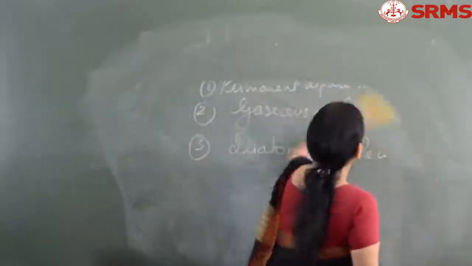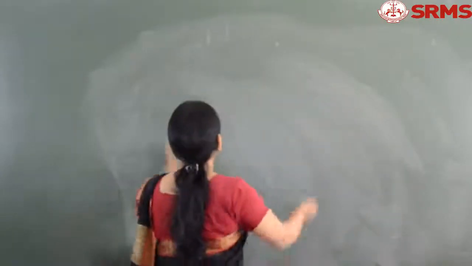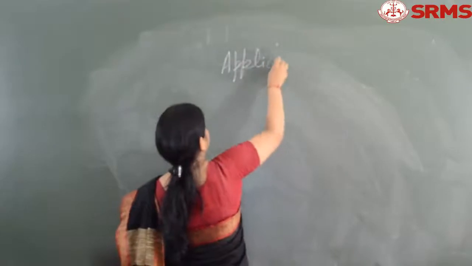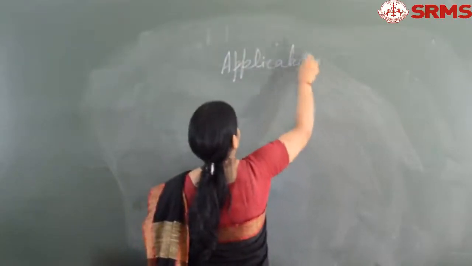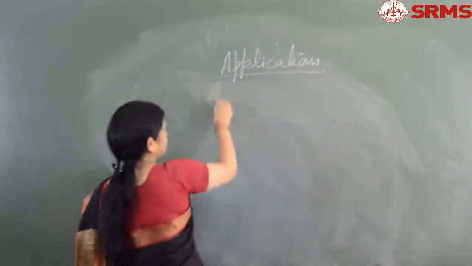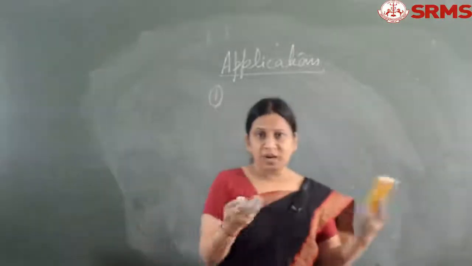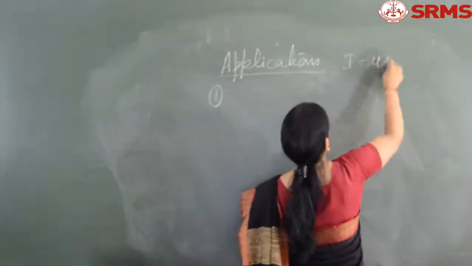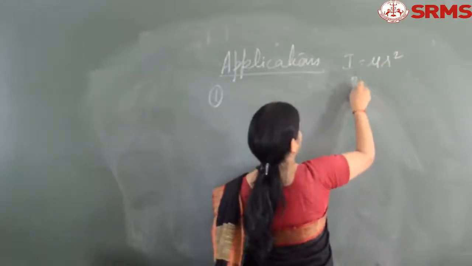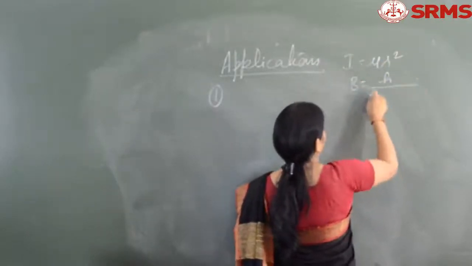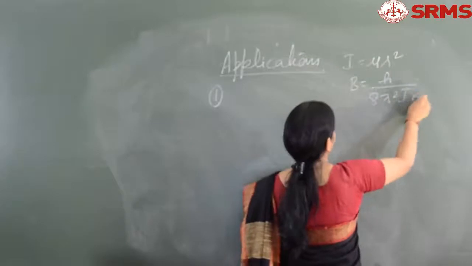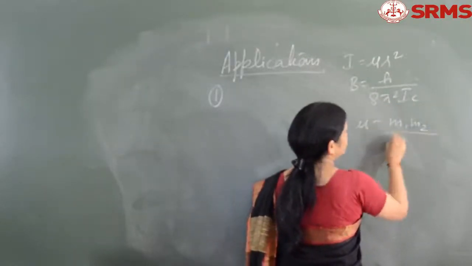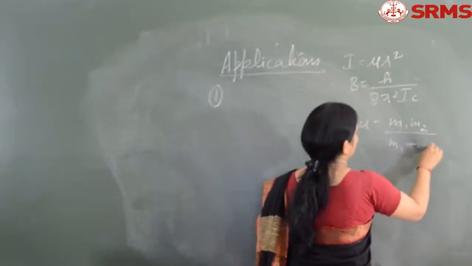Then I have applications of this spectra. If I talk about the applications, as we have derived some of the equations like I = mu r square, then B = h over 8 pi square I c, then mu = m1 m2 over m1 plus m2.